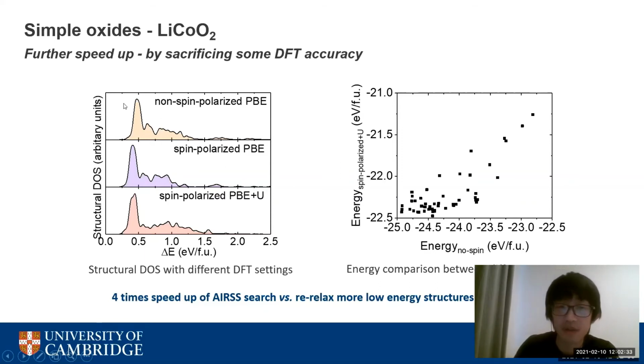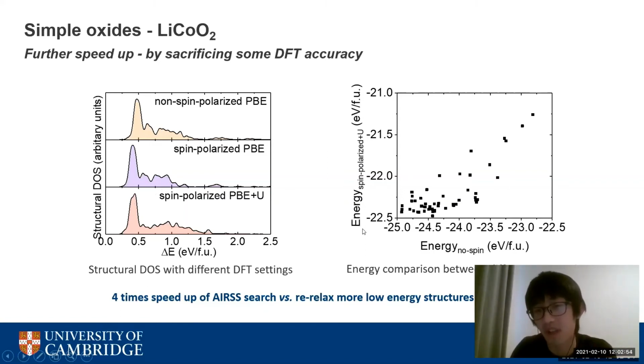Here I show you the structural density of states I sampled from the AIRSS search with these different parameters. You can see that even with all these knobs turned off to accelerate it, the distribution is still similar to the high accuracy calculations.